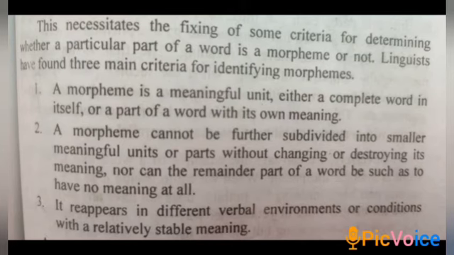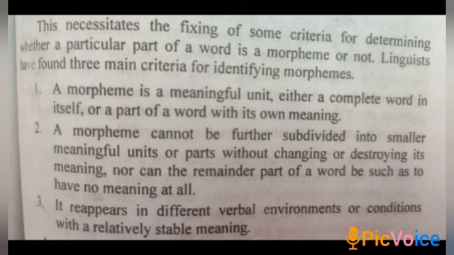It is a short segment of language that meets three criteria. First, a morpheme is a meaningful unit, either a complete word in itself or a part of a word with its own meaning.